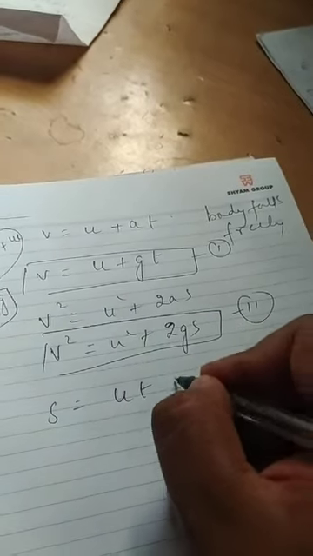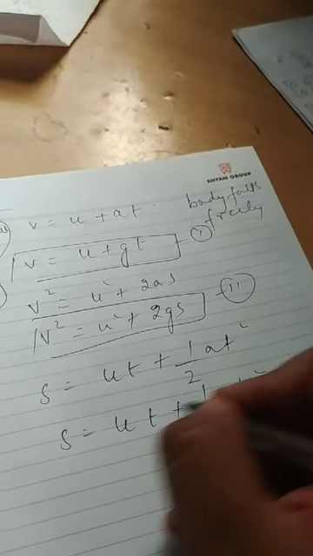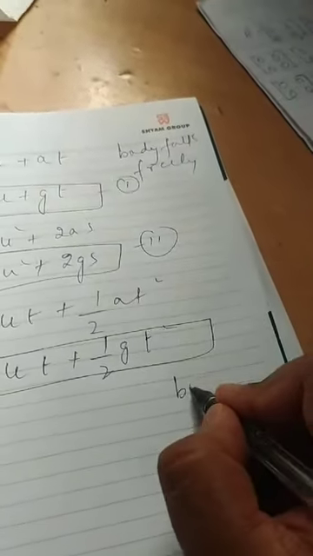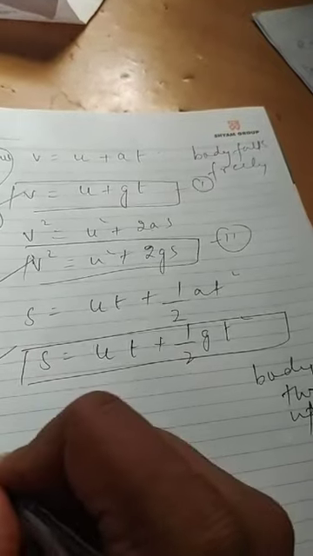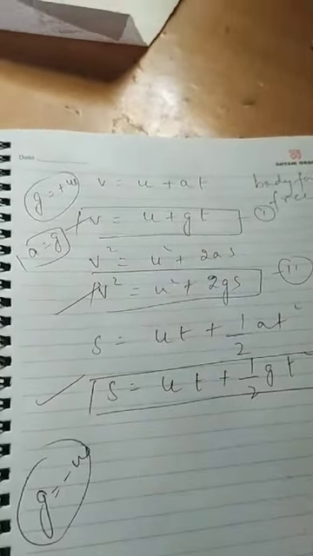We will talk about the third equation, that is for distance. S is equal to ut plus half at square. In place of a it will be g, so s is equal to ut plus half gt square. So these are the equations that will be used if the body is falling freely. If the body is thrown upward, then g will be negative, since the frictional force of the air will reduce the velocity.